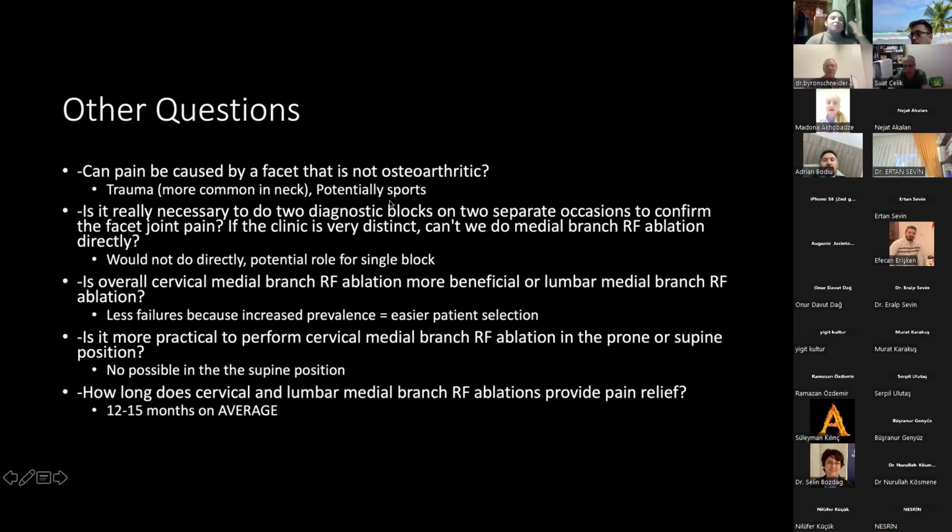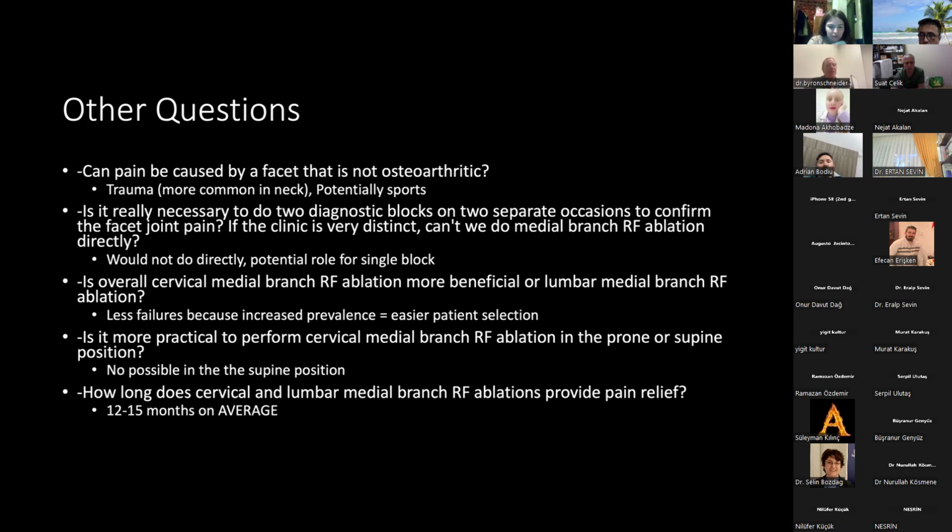Is it really necessary to do 2 diagnostic blocks to confirm facet pain? If the clinic presentation is distinct, should we just do RF ablations directly? I would say that today I made a case that you should do 2. I'm not married to that position. In fact, I've given talks where maybe saying 1 block would be better than 2 for health utilization purposes.